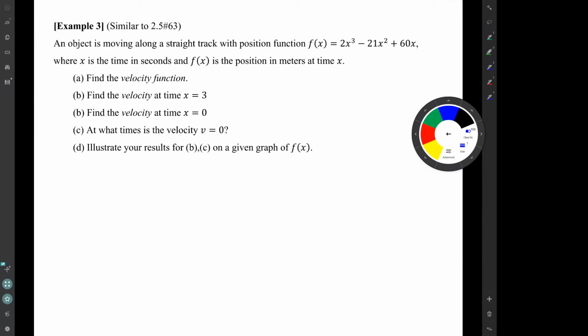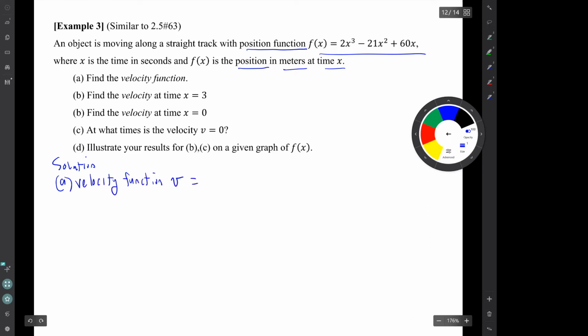Example 3. An object is moving along a straight track with position function f of x equals this polynomial, where x is the time in seconds, and f of x is the position in meters at time x. So question A is find the velocity function. The velocity function we abbreviate by the letter v, and we have to recall what velocity means.